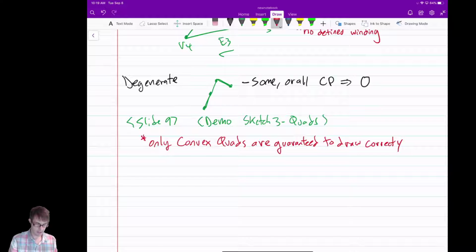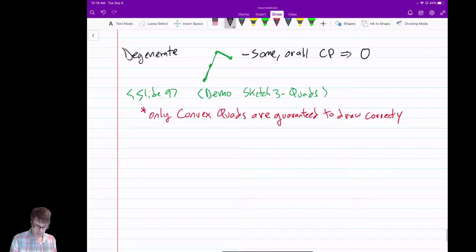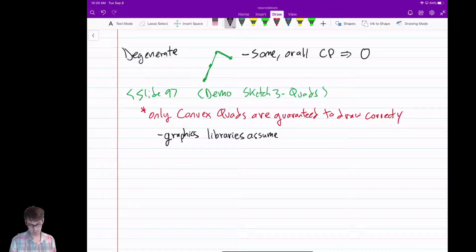Basically because of speed. Graphics libraries make this assumption for optimization.